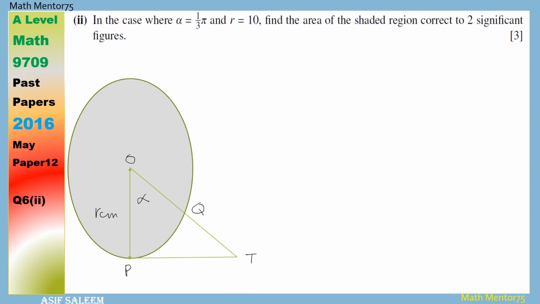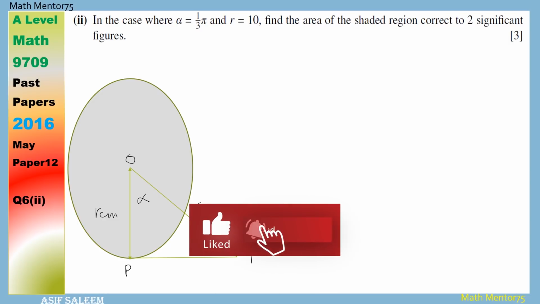Question number 6, second part. Same question, this time the value of alpha is given. It is pi over 3 and the radius is 10. Now we have to find area of the shaded region. Shaded region means area of triangle minus area of sector.